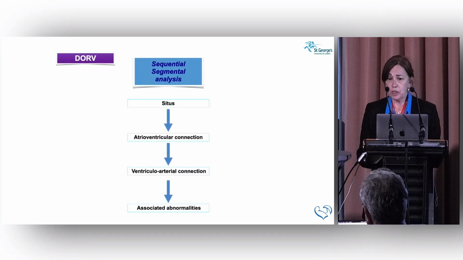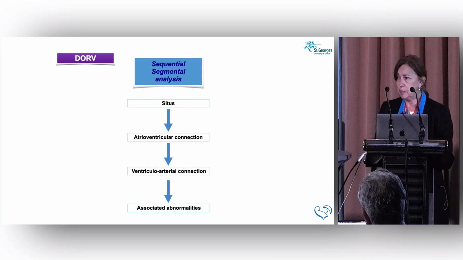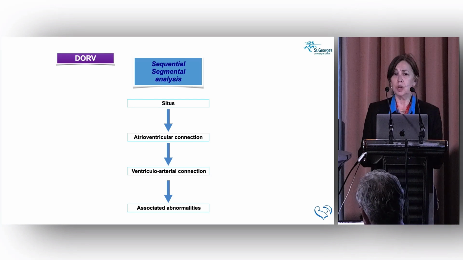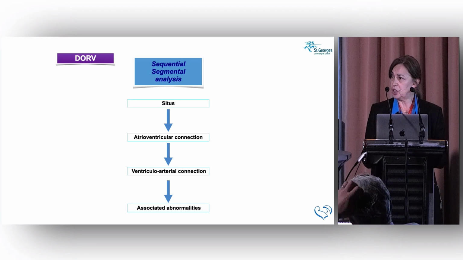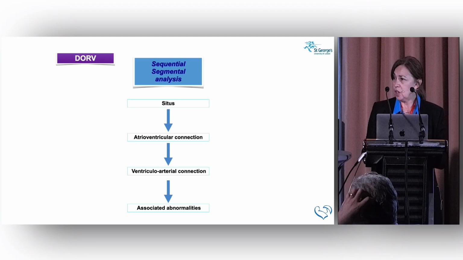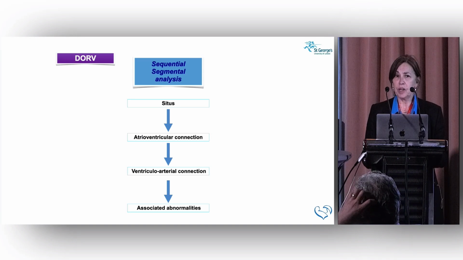So if we take the sequential segmental analysis that as pediatric cardiologists we try to do in all cases, although we might just jump into saying transposition or tetralogy of Fallot, for double outlet right ventricle, it's very important that we follow the sequential segmental analysis, and I think it will become clear as the talk goes along.